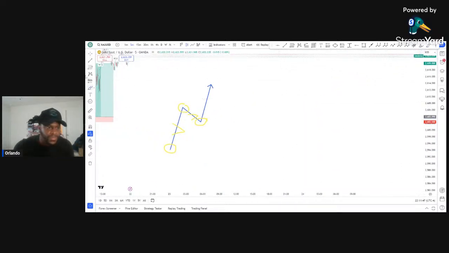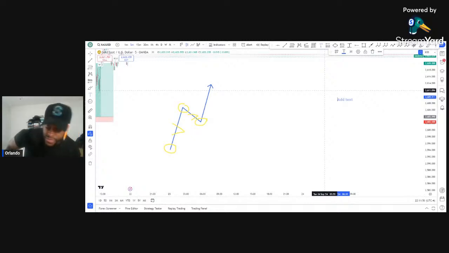Here's the deal. I'm always going to go over this. This won't be the first time, but it won't be the last. Where can the bulls appear in the market?